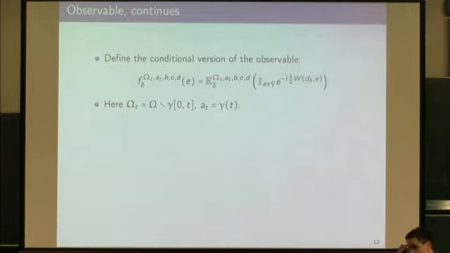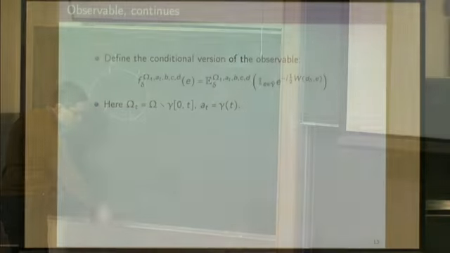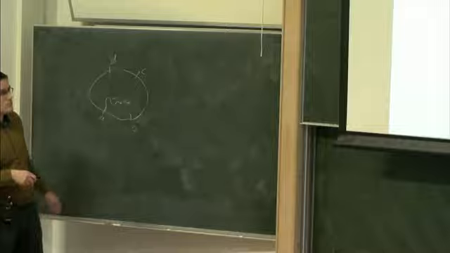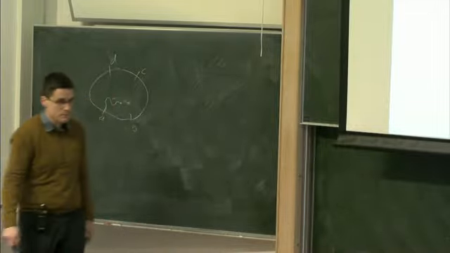Okay, and then we define also conditional versions. So we start to follow our branch gamma, and at time t it's somewhere there, and this omega t is just the domain which remains to be explored.